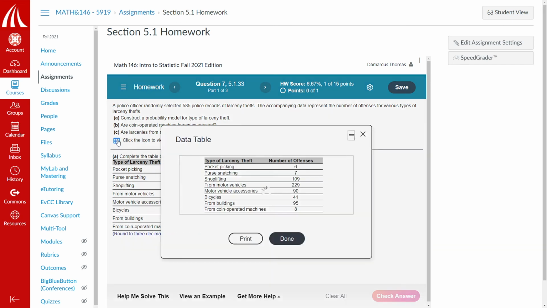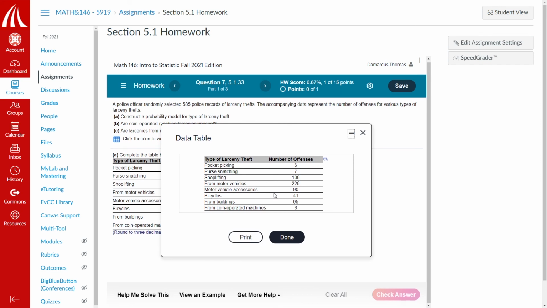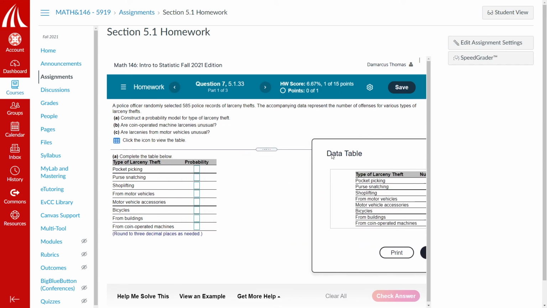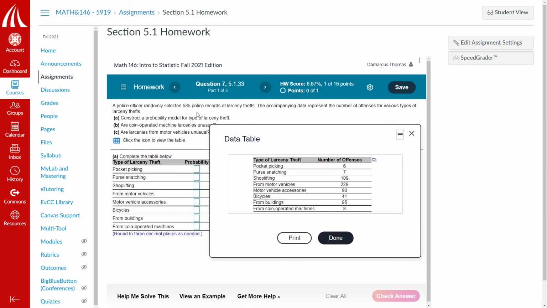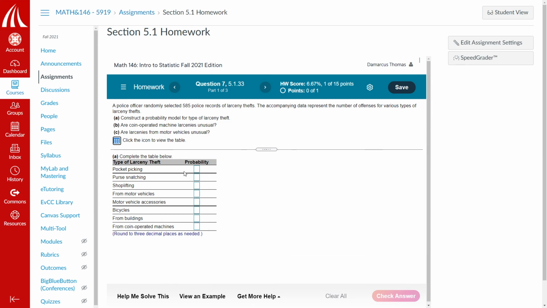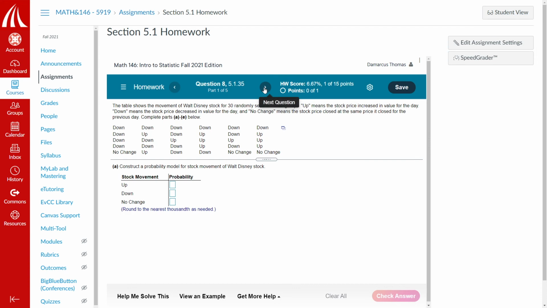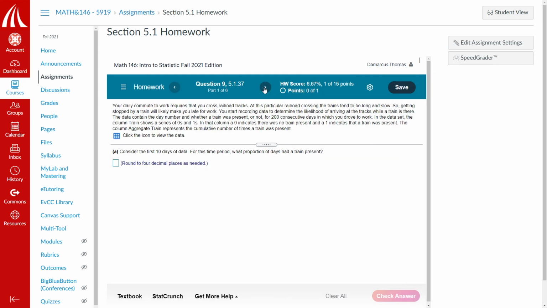All right, let's look at this data set here. The data is filled out, but they want us to divide each one by 585, and then we get our probability distribution. Yeah, we can answer those questions. Not too bad.